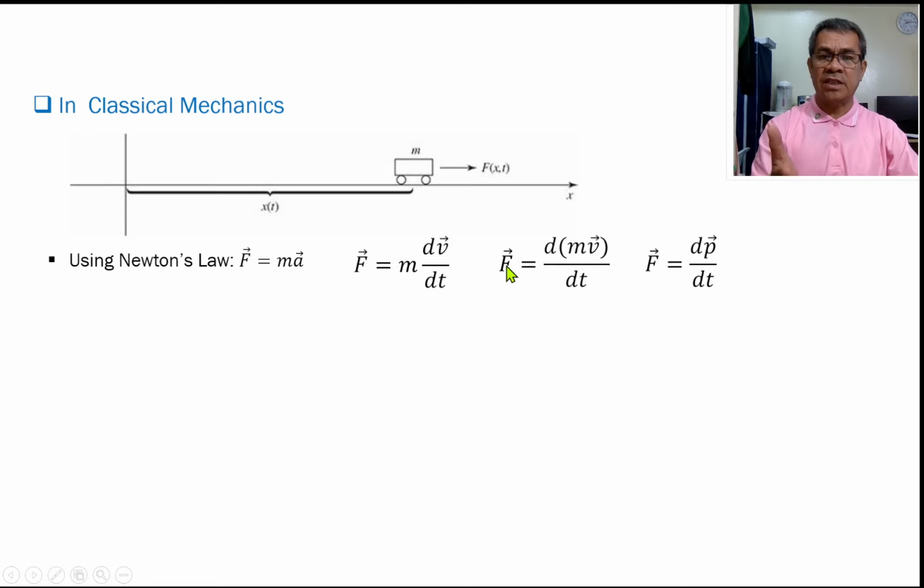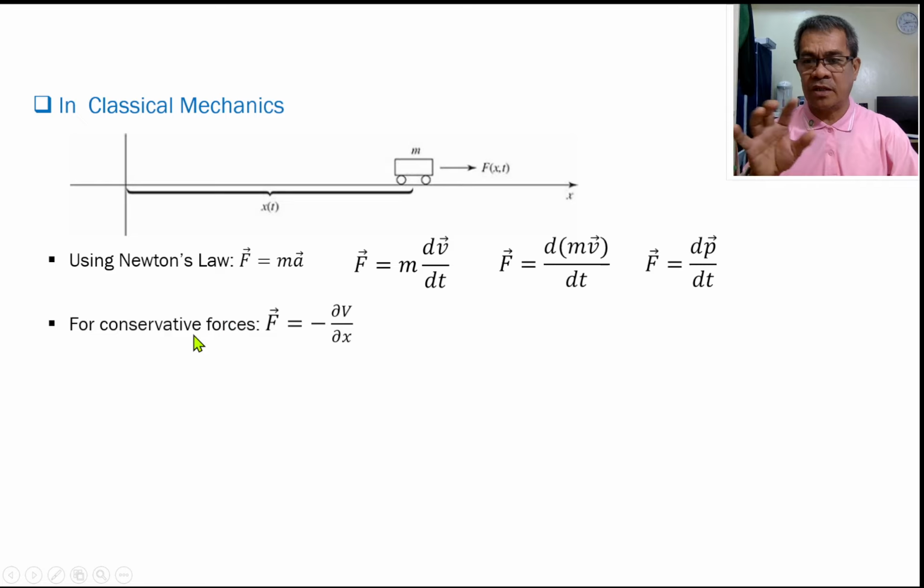Okay? So notice that this is a differential equation. Now in our calculus, if we have a differential equation, we can provide a solution of that differential equation. And that solution is the description of that particle. For example, we have the conservative force. When we say conservative, we don't have external forces. The force is coming from itself, like gravity.